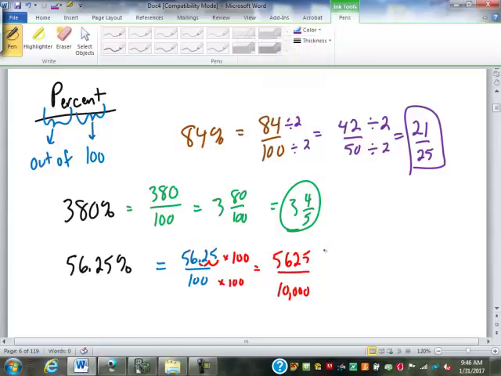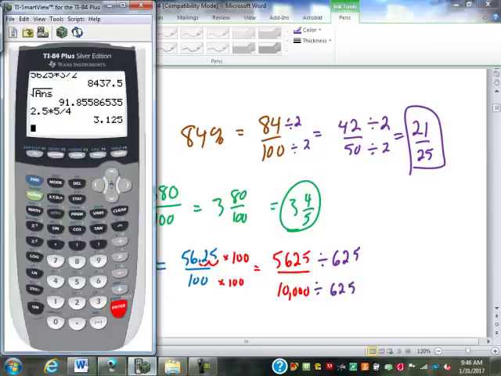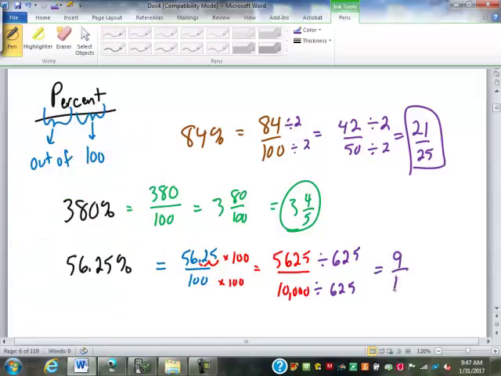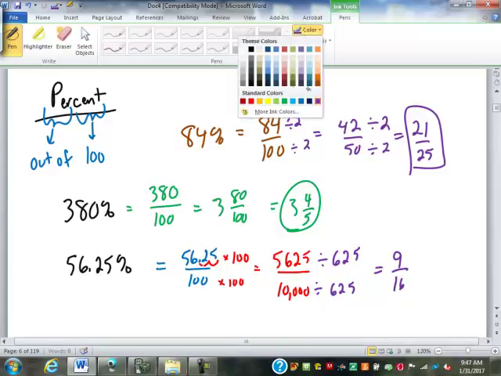Both of those can be divided by 625. So it is 9/16. Yeah, you could have divided by 5, 25. You'd eventually have got there. I'm just being impatient today.